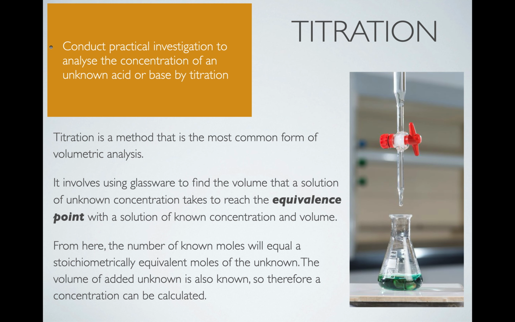The volume added is also known. Once you determine the volume, you can do a calculation to find the unknown concentration. That's what I'm trying to get out there. I'm finding all of these mistakes in my slides.